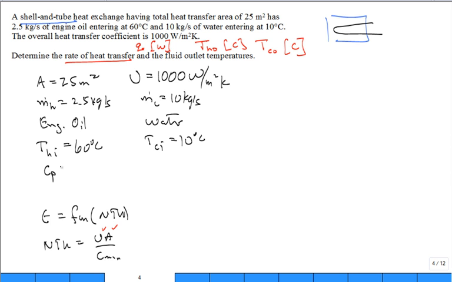Maybe I pick it to be average around, I don't know, 40 degrees C. And then I'll get a specific heat of 1951 joules per kilogram Kelvin. And then I can get the heat capacity rate of the hot fluid. The heat capacity rate's 4878 watts per Kelvin.